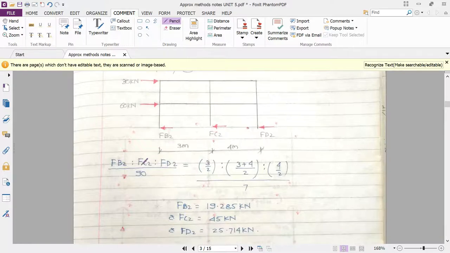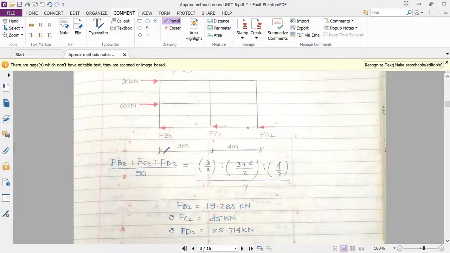Again here we are interested in calculating the shear of B2, C2 and D2, and the total summation of the load will be 60 plus 30, that is equal to 90. Previously, for the first story, we considered only the horizontal force of 30 kilonewton. But here, as we are moving towards the second story, the summation of the two horizontal forces has to be considered.